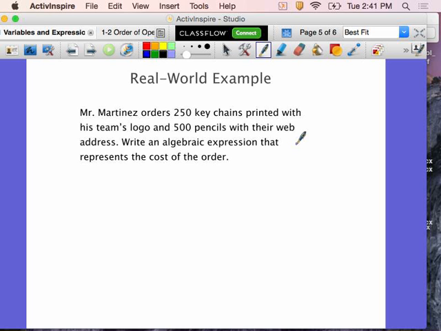So remember, whenever you're doing a word problem and you have variables, you need to make sure and define your variables. He's ordering 250 keychains and 500 pencils, but we need to talk about the cost, so we don't know any of those costs. So I need to know the cost of a keychain, and I need to know the cost of a pencil.